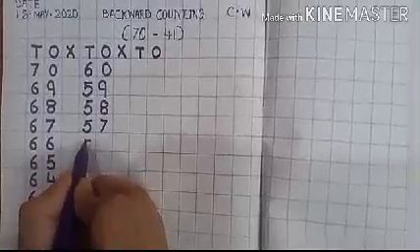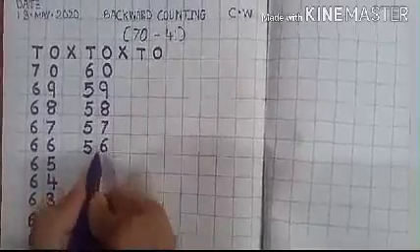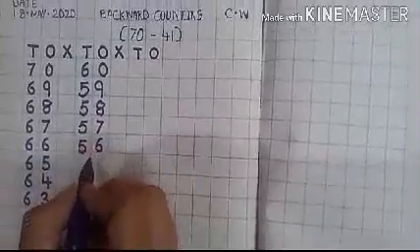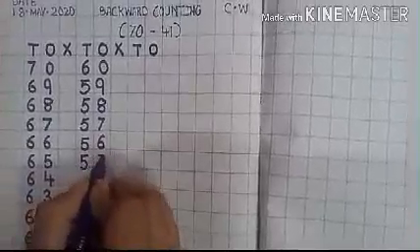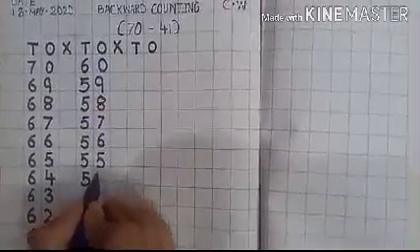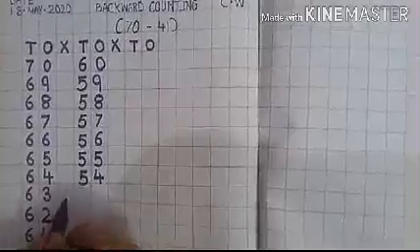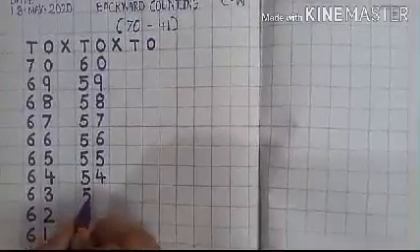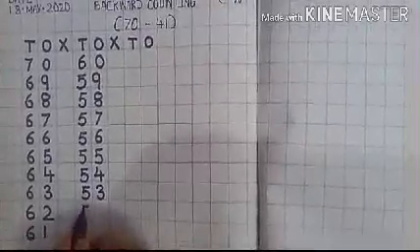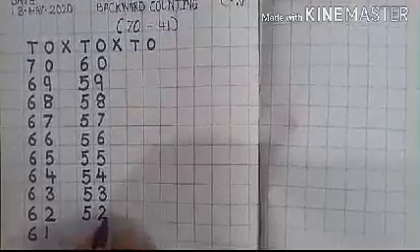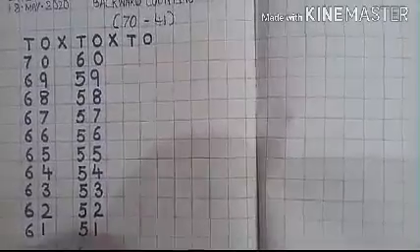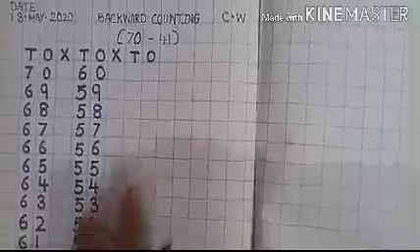Below that 56. Slowly you have to write down. 55, 54, 53, 52, 51. Now come to the third line.